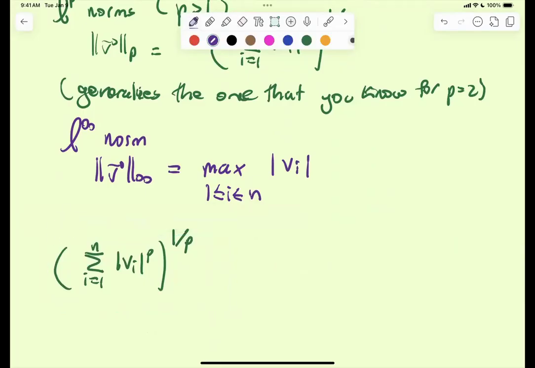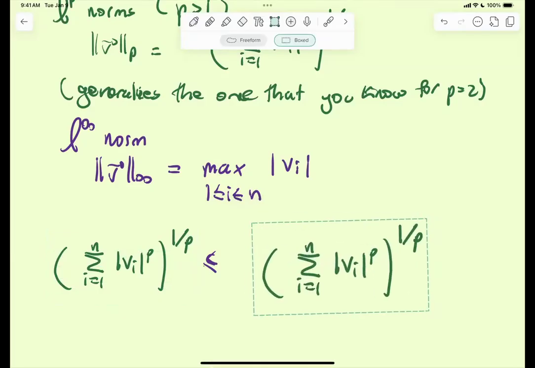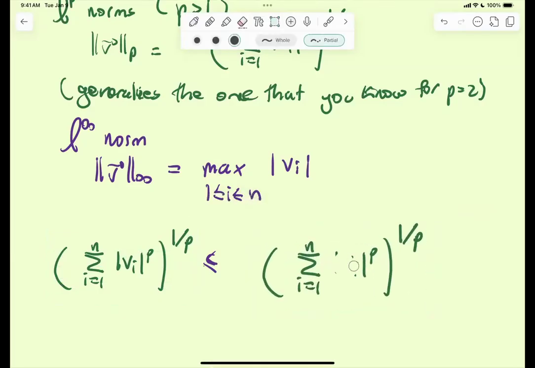You can replace all of these entries with the maximum entry. I guess you have to check that this function preserves inequalities, so maybe you have to be careful about that.